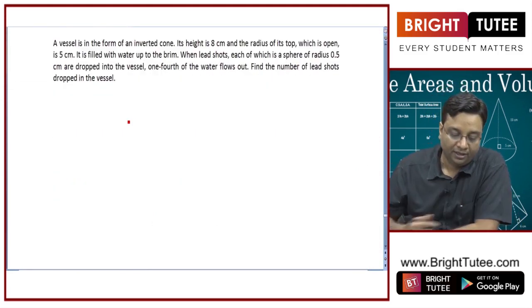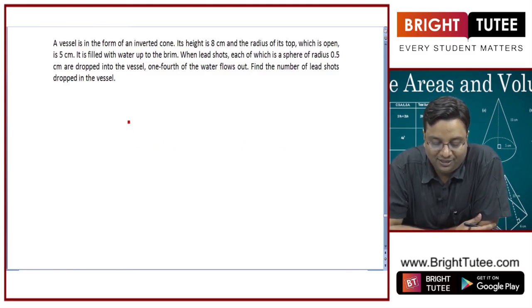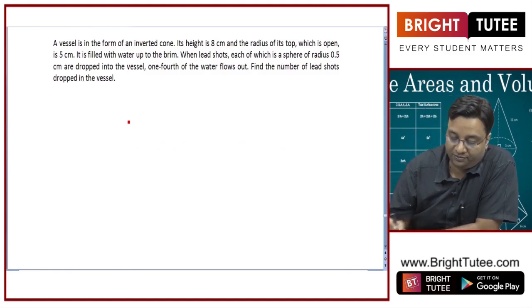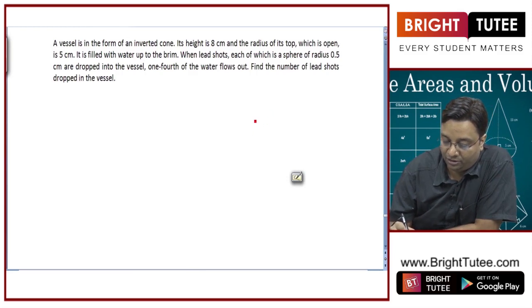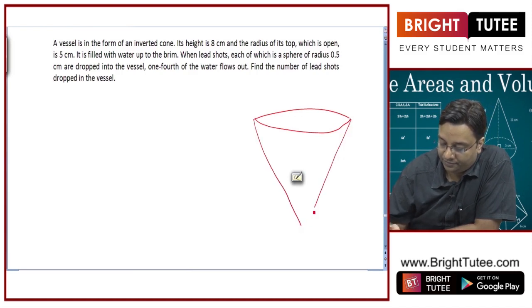Okay. Now a vessel is in the form of an inverted cone. Its height is 8 centimeter and radius of its top, which is open, is 5 centimeter. So we are talking about a vessel like this, where the radius of the top is 5 centimeter.